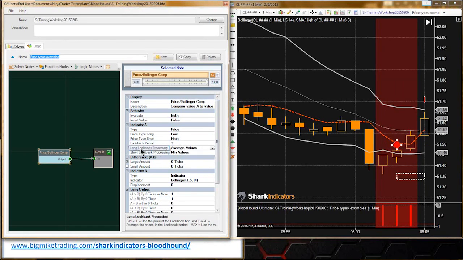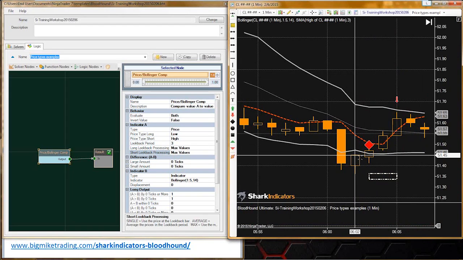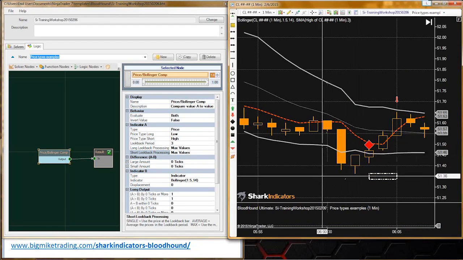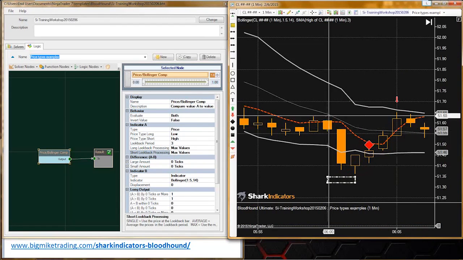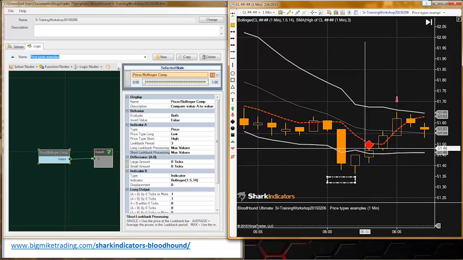So let me use the long side to demonstrate the max value here. I guess quickly I'll just show you on the short side. If I set this to max, we're not going to get any shorts in here because in our look back period, if we're finding the max high, there's always a high that's inside the bands.